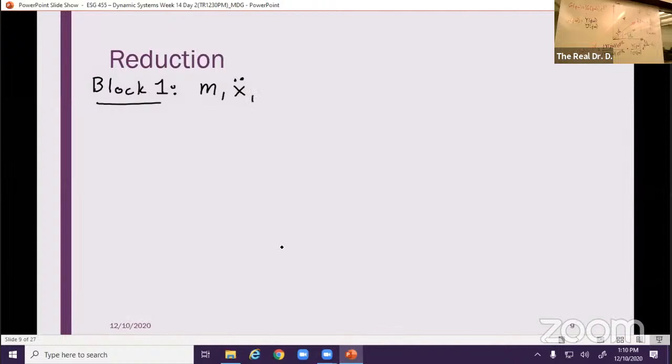M1 x double dot 1 is equal to the sum of my forces, which is just FK1 plus FB1. This is the real reason why I wanted to start with block 1. It's a little bit easier, right? There's fewer terms. I don't have to deal with as much. FK1 is just K1 times x2 minus x1. Right. So we have this.